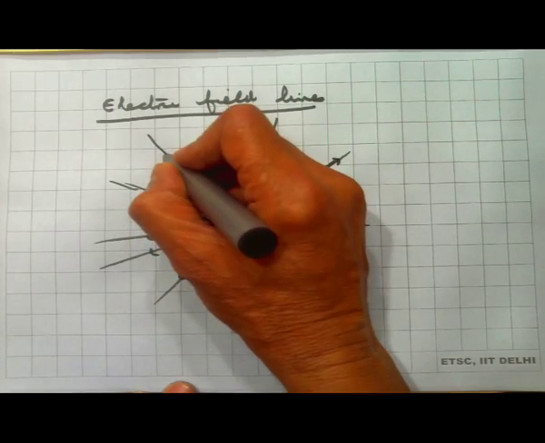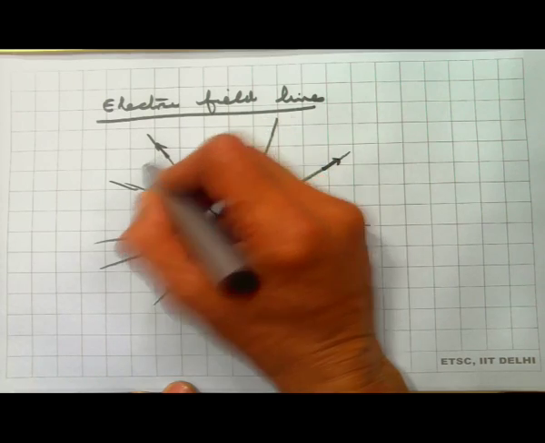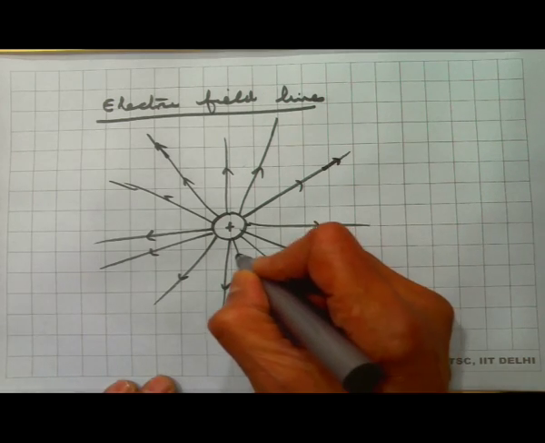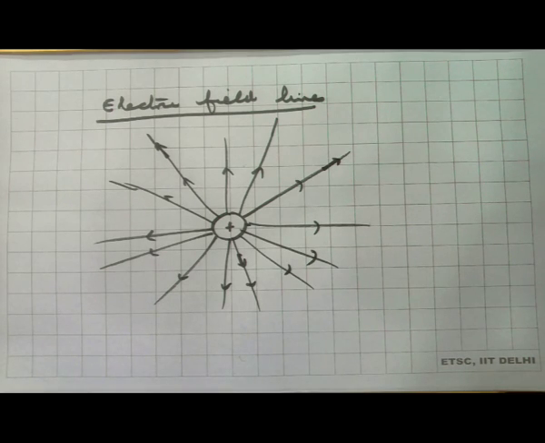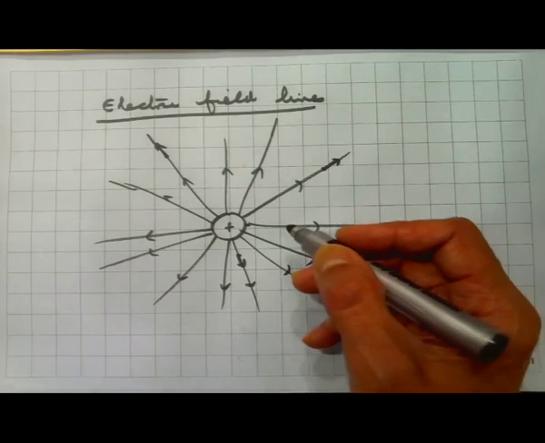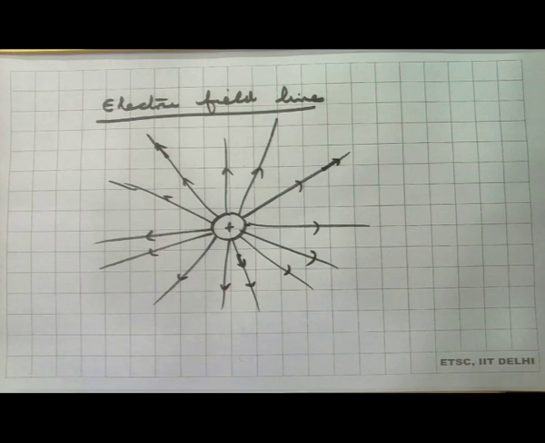This point, there is an electric field like this. And the number of lines lying around this point gives me approximately the strength of the electric field. Similarly, here the electric field is like this. So, these lines represent electric field lines, and this is a representation. The closer the lines are, the stronger the electric field; the further the lines are, the weaker the electric field.